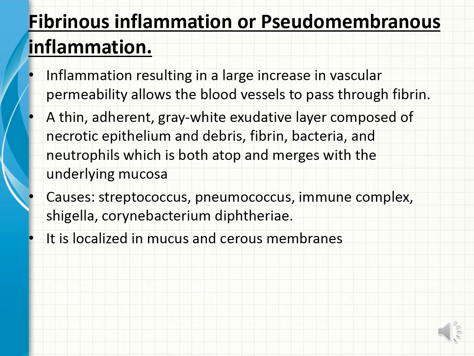This kind of inflammation results in a large increase in vascular permeability, which allows the blood vessel to pass through fibrin. A thin, adherent, wide exudative layer composed of necrotic epithelium and debris, fibrin, bacteria, and neutrophils, which is both atop and merges with the underlying mucosa.